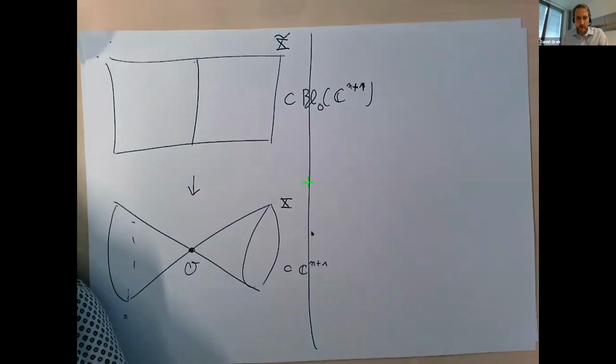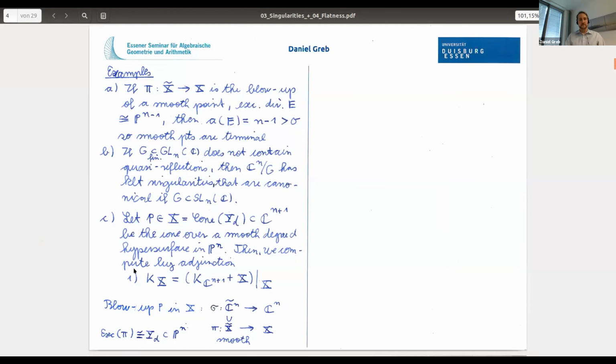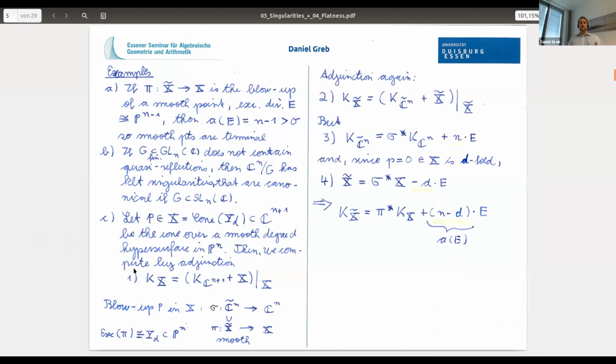This computation is carried out here. By adjunction, the canonical divisor of this hypersurface X, which is the cone, is this. As you see, I resolved this by blowing up the ambient space and then taking a proper transform, which is smooth, and then I used adjunction again upstairs. But now a third point is that I know what the canonical divisor of the blow-up of C^{n+1} at a point looks like.